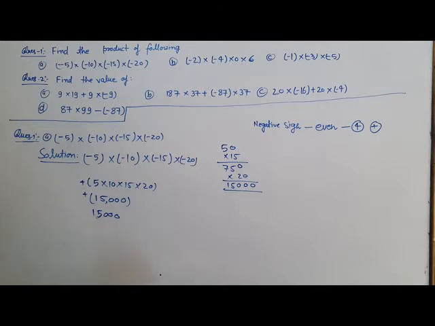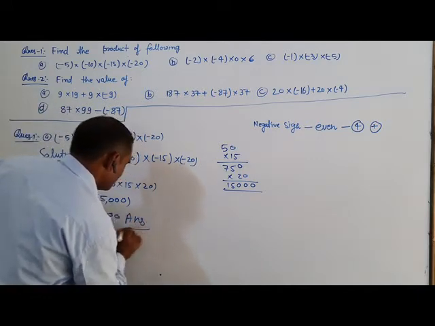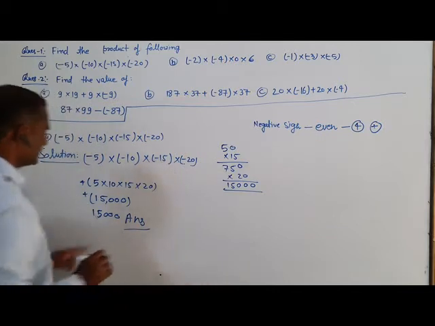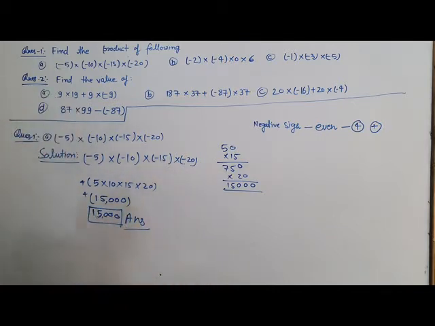So this will be the answer. If we do not write the positive sign, plus sign before any integer, that is considered positive. This will be the answer. This is your answer. 15,000 is your answer.